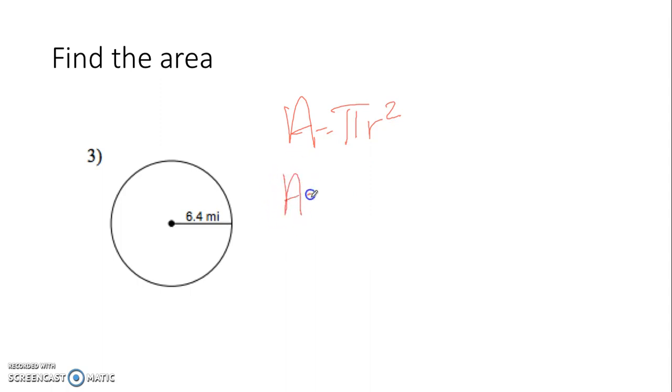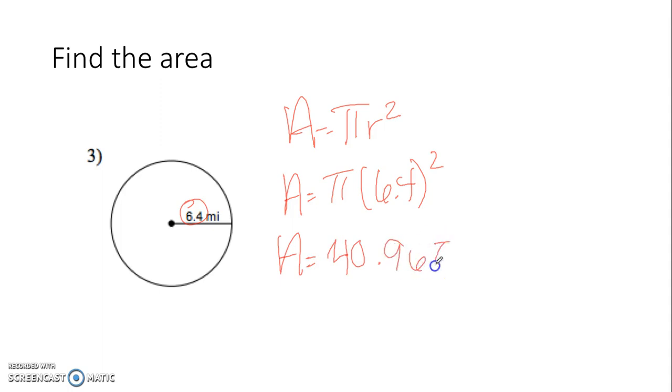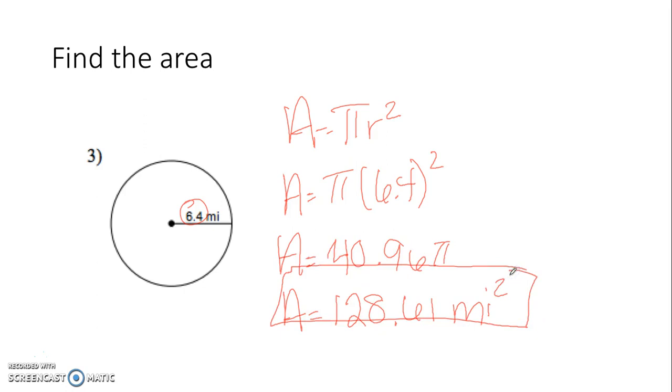So area is equal to pi times 6.4 squared. 6.4 times 6.4, which is the same thing as 6.4 squared, is 40.96 pi. And then 3.14 times 40.96 is equal to 128.61 miles squared. All right, so that would be the area of this circle.